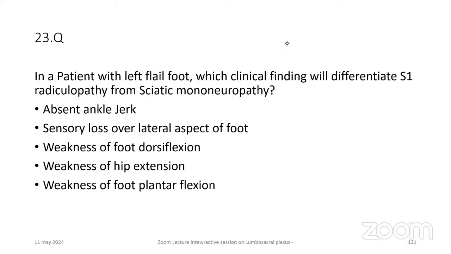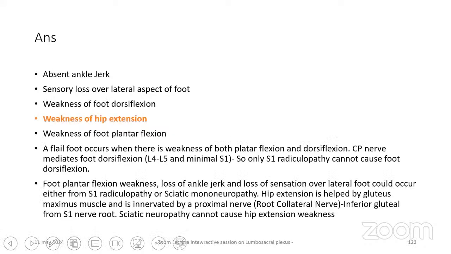Yes, weakness of hip extension, because hip extension is from the inferior gluteal nerve. The root of the inferior gluteal nerve is from S1, so in S1 radiculopathy it is affected. We have discussed a lot. Weakness of hip extension, right.